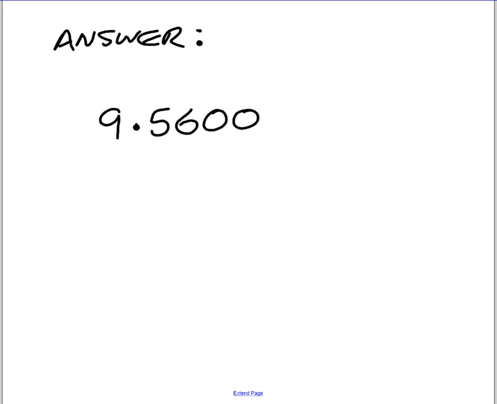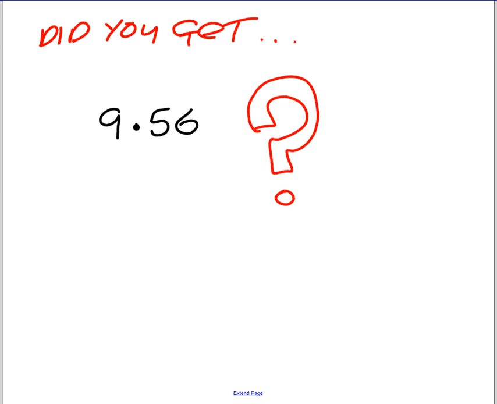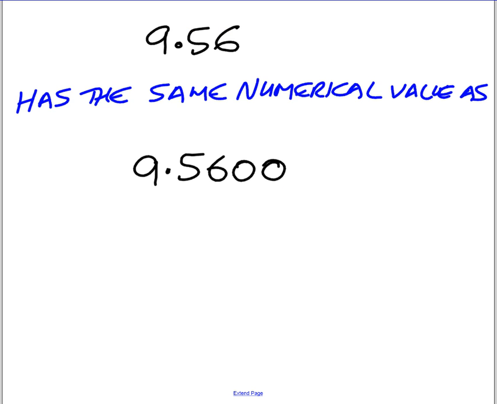Well, wait a minute. Some people are saying, oh no, I get a different answer. Did you get that? Or maybe you actually got 9.560. Usually I see something like that, people will get rid of the zeros at the end.